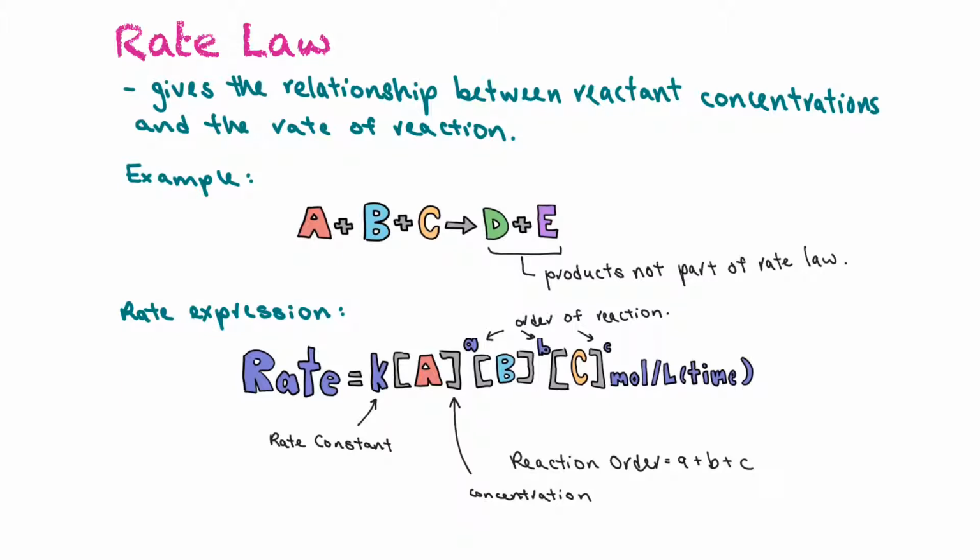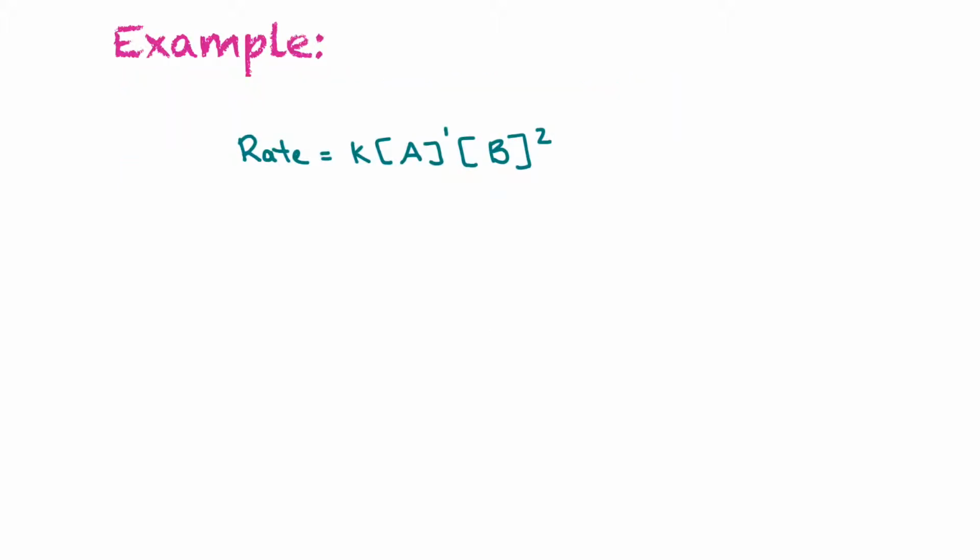So now we are going to take a little bit further look. If we look at this example, rate is equal to k times the concentration of A to the power of 1 times the concentration of B to the power of 2. The overall reaction order is 1 plus 2, so that's equal to 3. So the order of this reaction is 3.